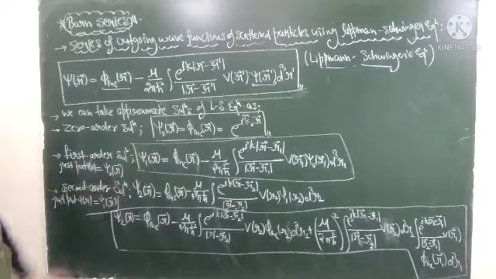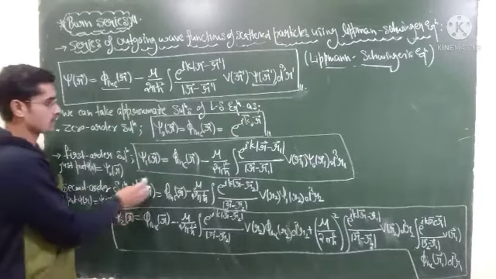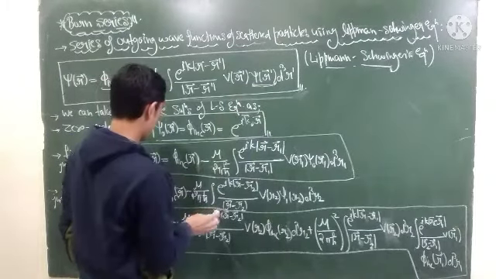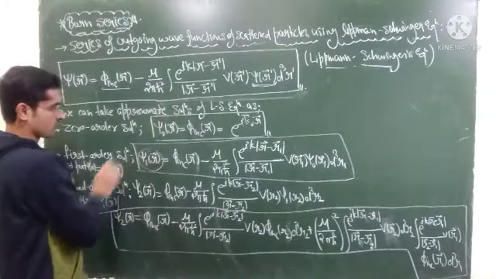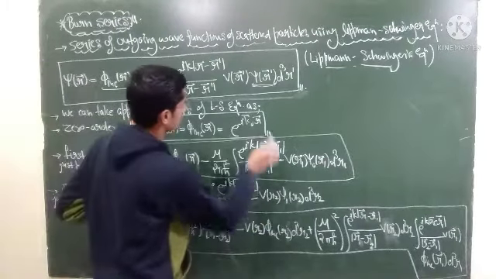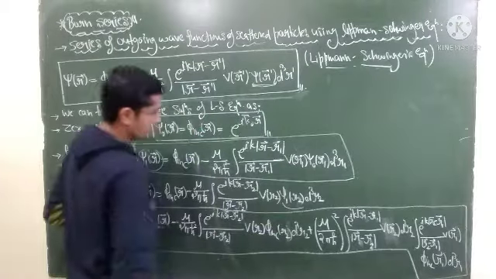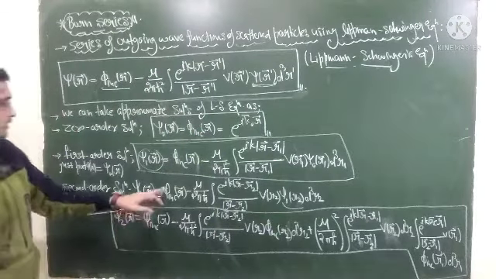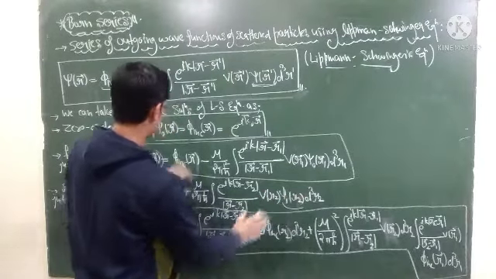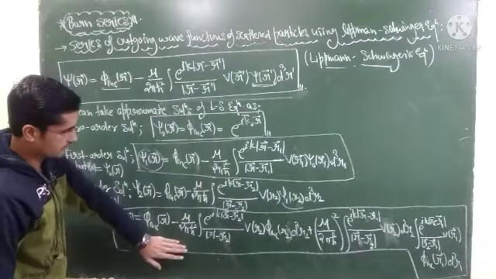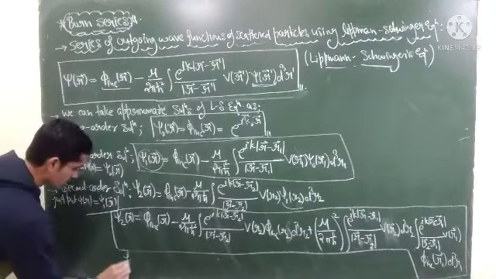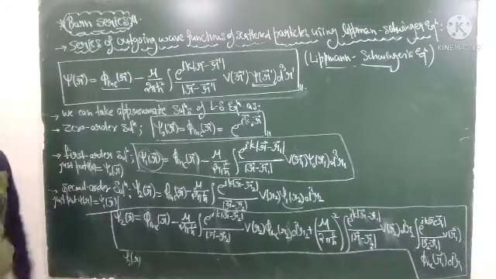To get the second order solution, you replace this function by the first order solution. When you put the first order solution into this equation, you will get this series. In the same way, you can calculate the third order, psi 3 of r, psi 4 of r, and so on.